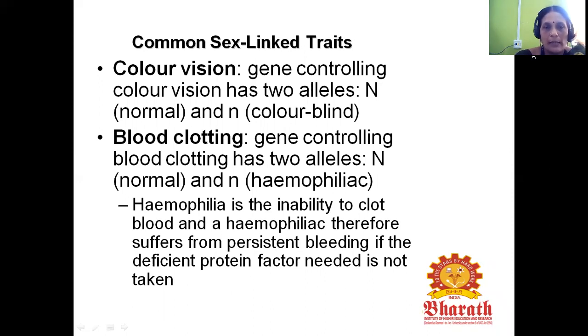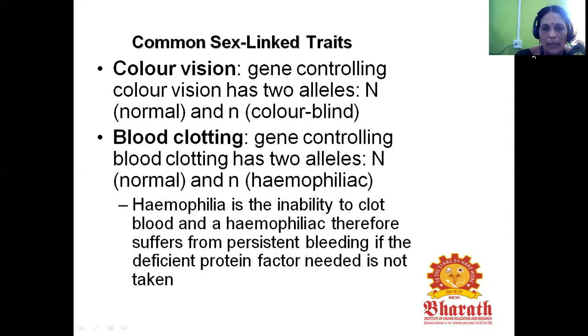The common sex-linked traits: the first one is color vision. The gene controlling color vision has two alleles, capital N, which is normal, and small n, which is color blind. Then blood clotting. The gene controlling blood clotting has two alleles, capital N is normal and small n is hemophilia.